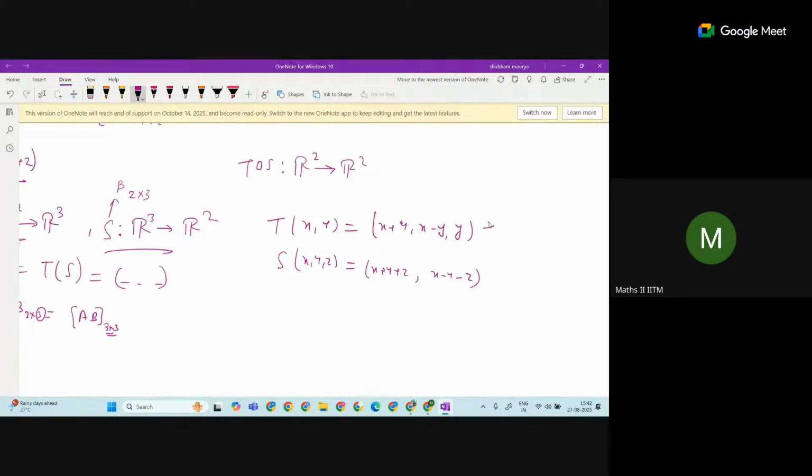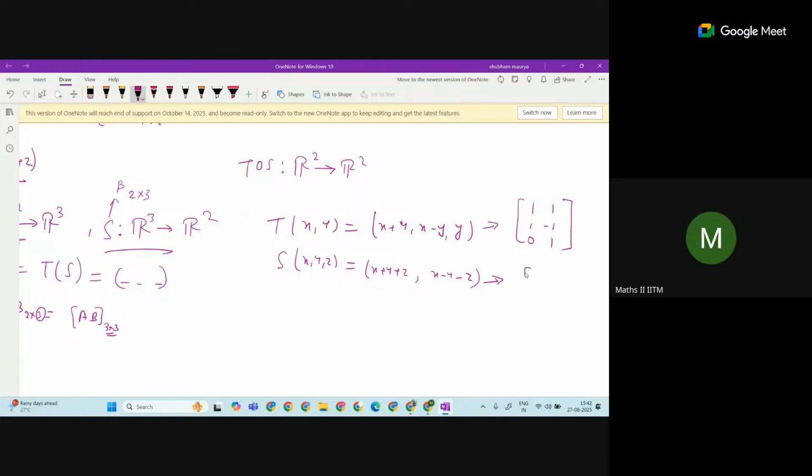We have calculated the matrix representation just now, which is 1 1 0, 1 minus 1, 1 1.